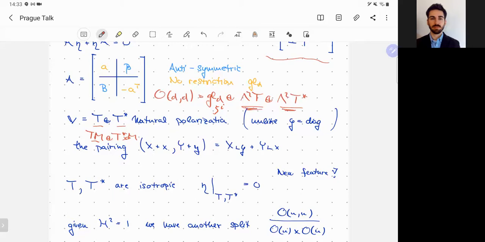So this guy is a two-form, right? And a two-form can eat a vector and send it to forms. Sorry, I got it the other way around. This is a two-vector, so it takes a form and sends it to vectors, and the two-form takes vectors to one-forms, right?